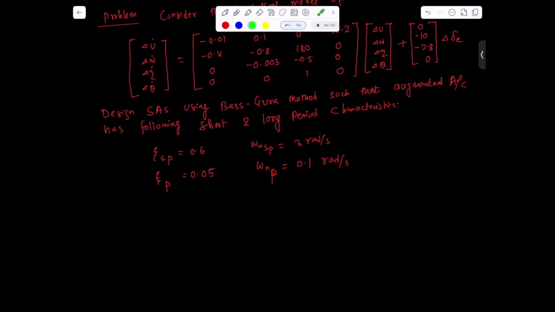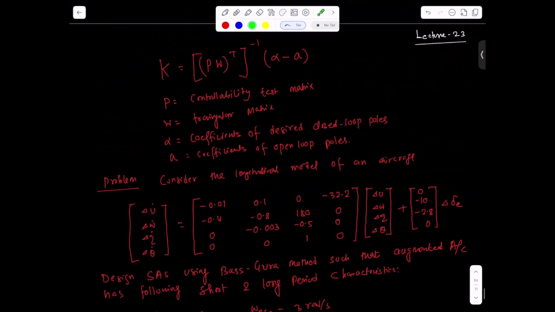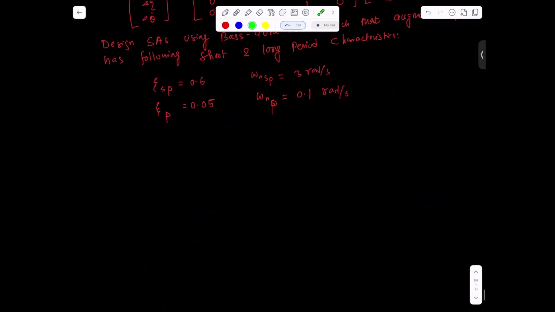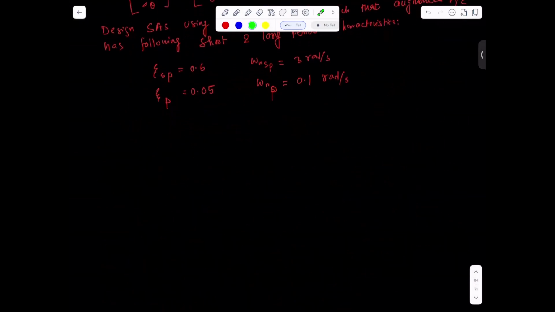Now we'll be using this Bhaskara method to solve this problem, to find the control matrix K. Here we'll go step by step. So first we'll find the open loop characteristic equation.